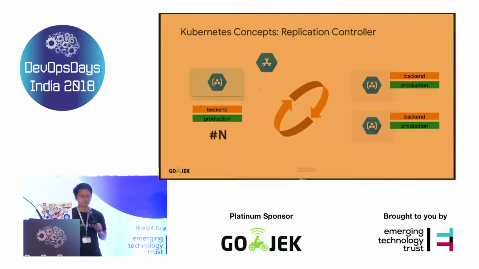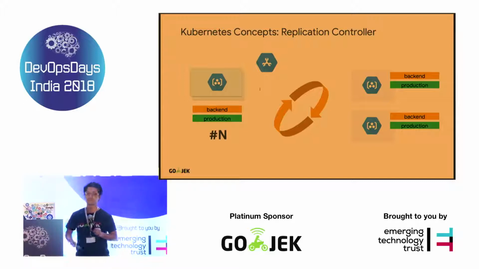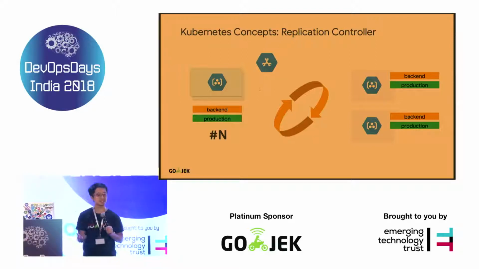The reconciliation pattern is also the core of the Kubernetes replication controller. With the labels, the replication controller queries which pods have, in this case, the labels backend and production. Then there's a number n that makes sure that this backend production pod is running with n replicas in the cluster. For instance, 3 pods means there need to be 3 pods running in the cluster.